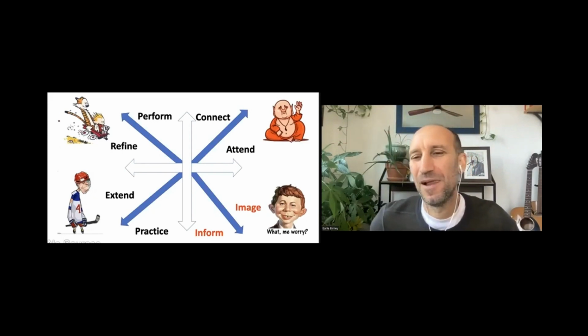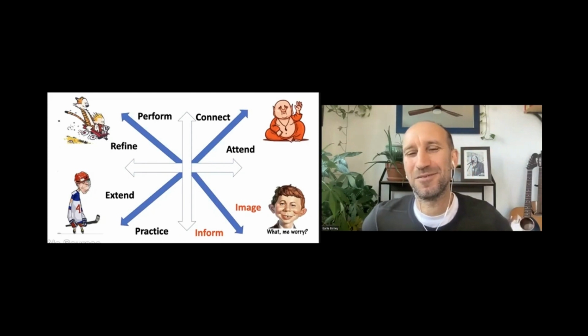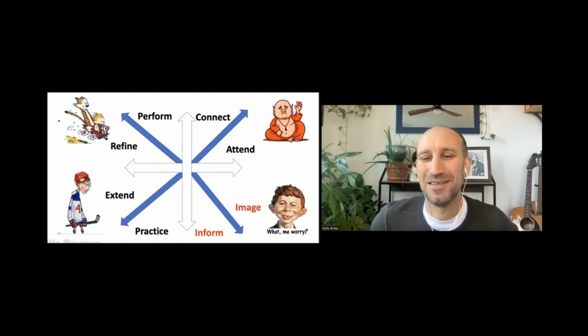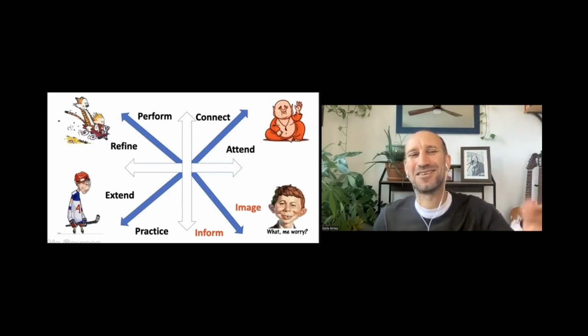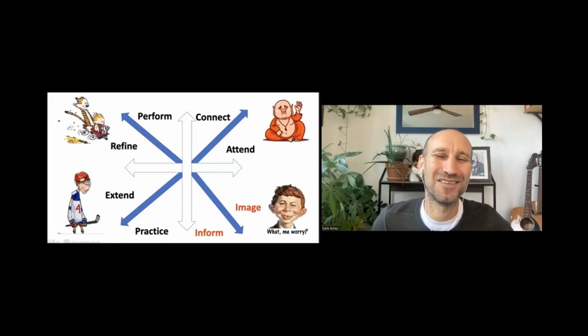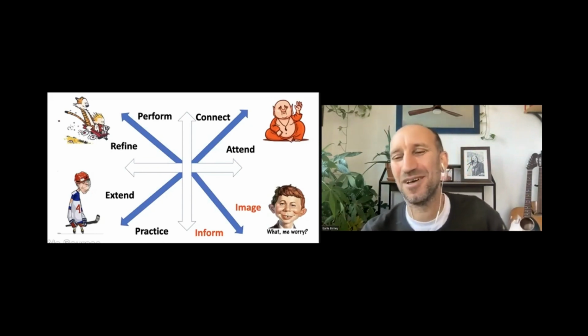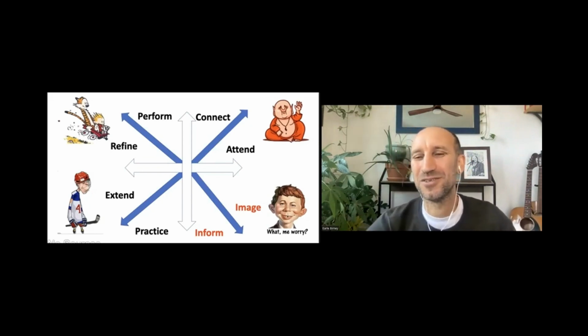Inform is, thankfully for me, the easiest. It's what we think of as teaching, just like fire hosing information at people. It's what we're used to, what we think of as traditional styles of teaching.